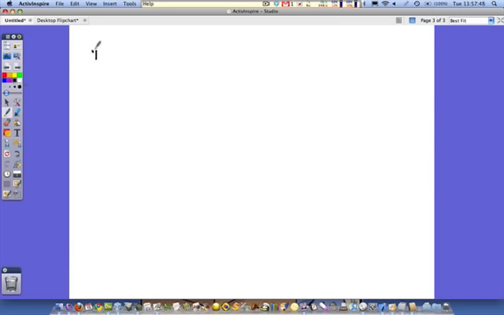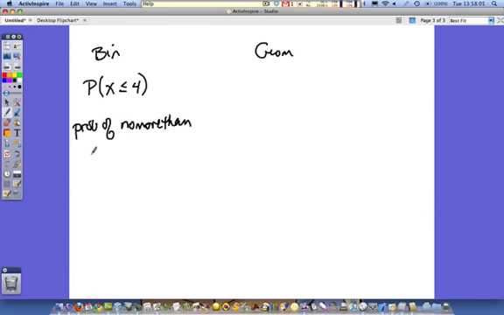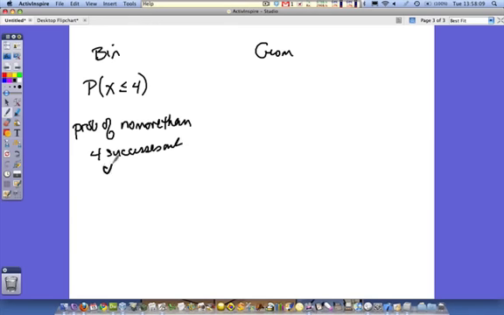Okay, so now let me flip the page and let's talk about the differences in the inequalities for a binomial and a geometric random variable. This means what's the probability of no more than 4 successes out of 10 trials.